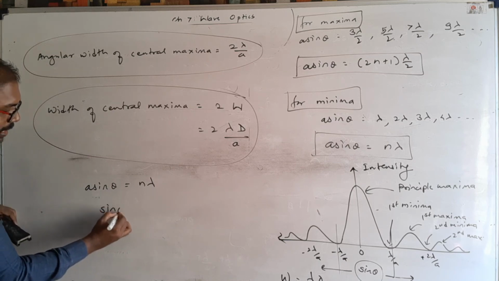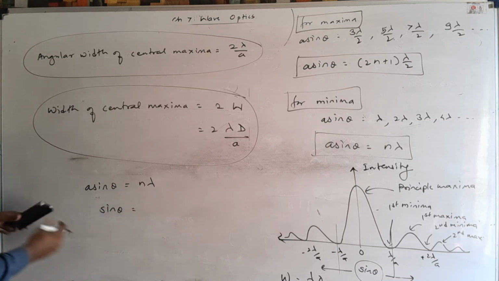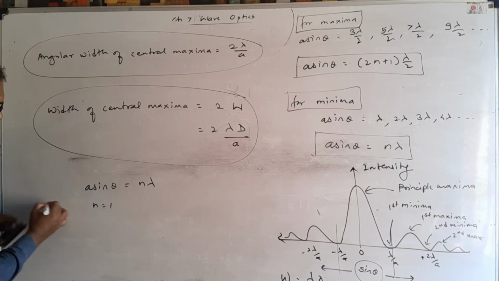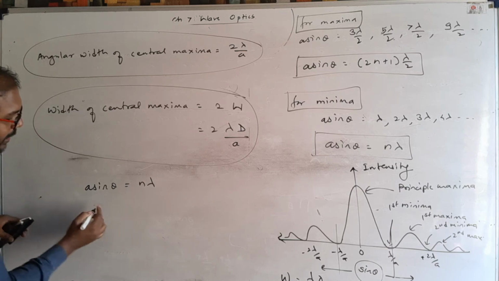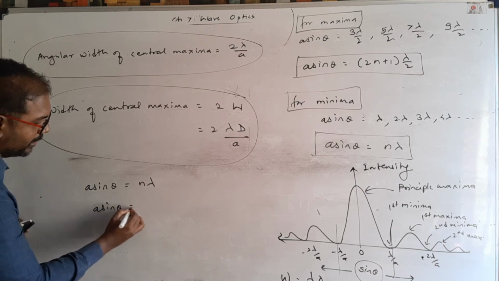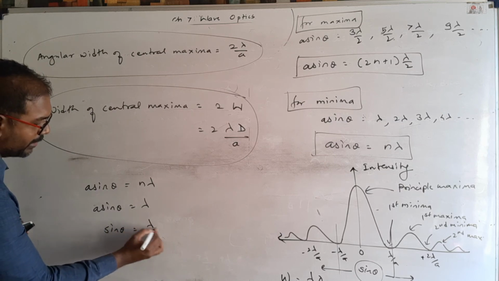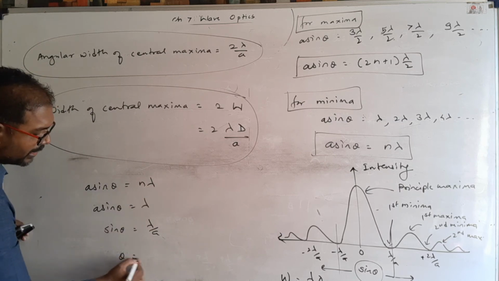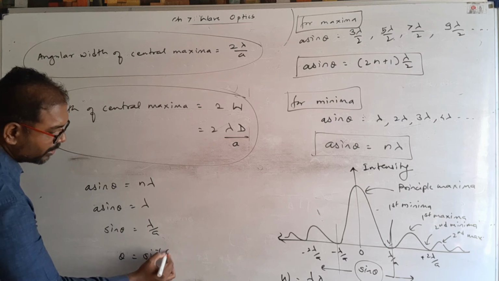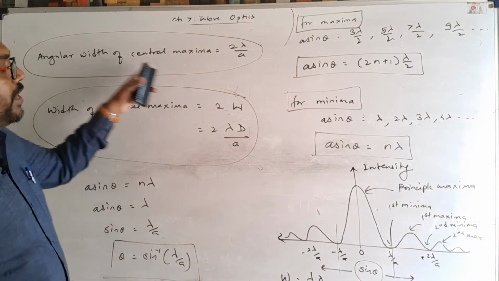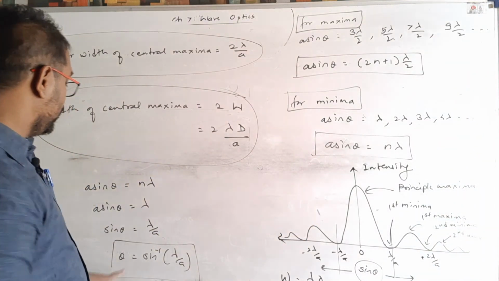Then for the central maxima, n is 1. So I can write a sine theta is equal to lambda. So sine theta is equal to lambda by a. So theta is equal to sine inverse of lambda by a. So this is theta. And the angular width of the central maxima is 2 into theta.